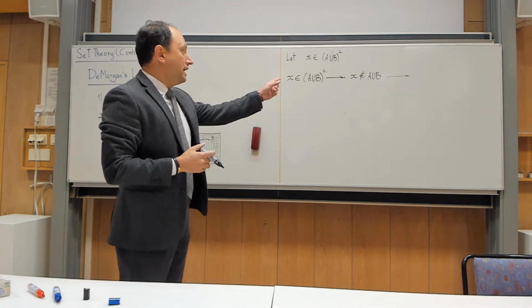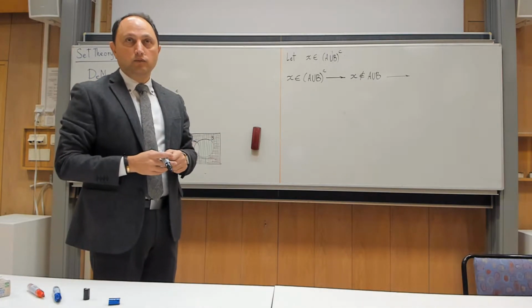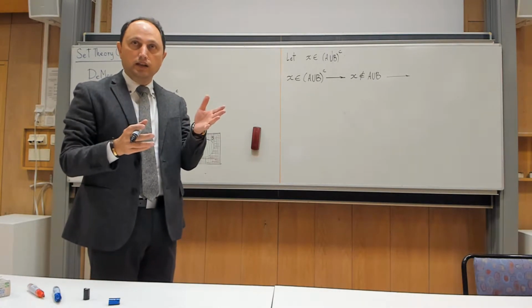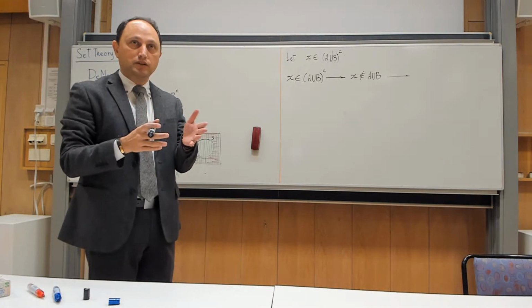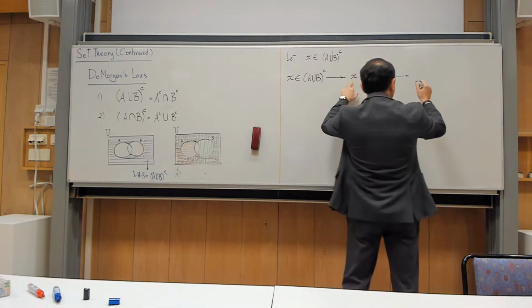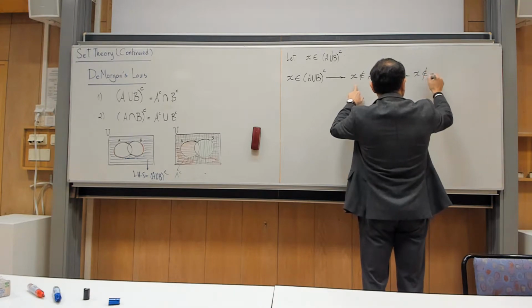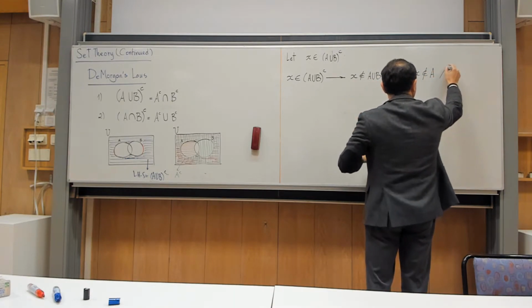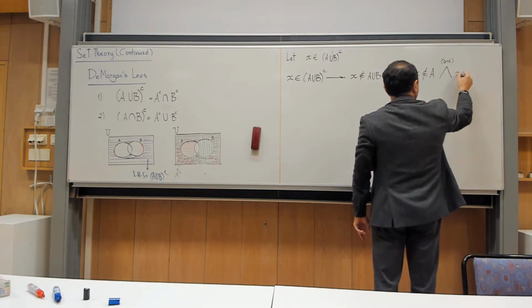Because for X to be in the union, it should be in at least one of them. When you say it is not in the union, it is in neither of them. Because if it was in one of them, it should be in the union as well. Yes? So this is very important. Don't get confused with this and or. So this means that X does not belong to A and, let me write and here, X does not belong to B.